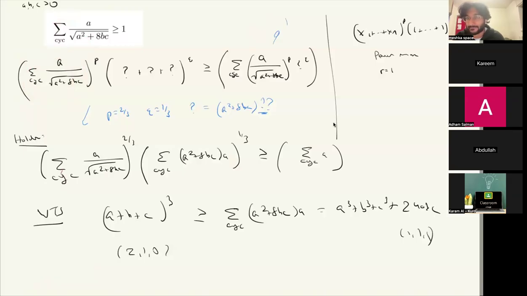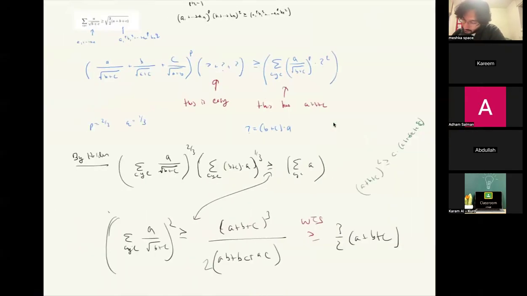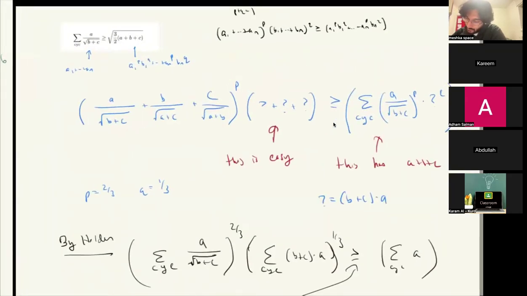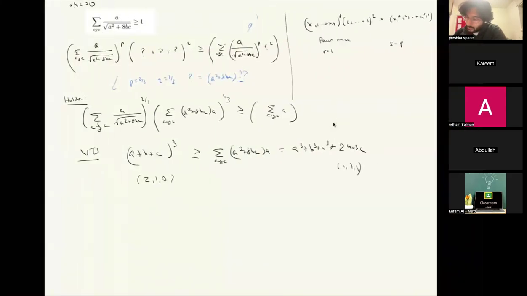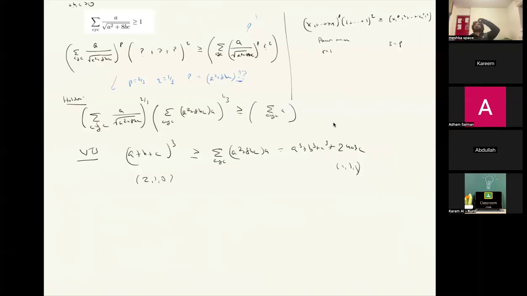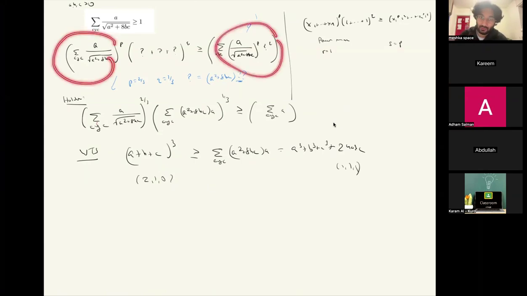But can't it be the case that the right-hand side is the difficult one? Yeah. So we work backwards. Okay, so you're saying we have a difficult term and you're deciding whether I put it on this side of Holder or this side of Holder.